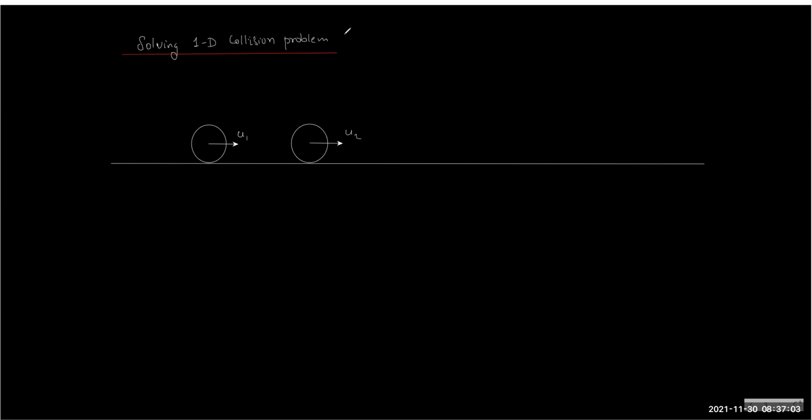We have also seen that in case of maximum deformation, in the worst case scenario, the two will move together with velocity v, and this v is basically equal to u_cm, and then they separate.